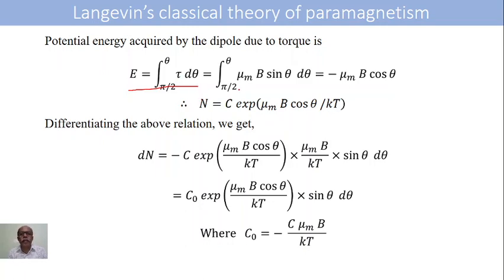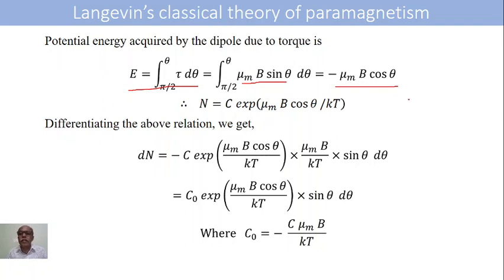Substituting for tau, tau is mu m B sin theta, d theta remains the same. On integrating and substituting the limits of integration, upper and lower, we get A equal to minus mu m B cos theta. Minus mu m B cos theta gives the potential energy acquired by the dipole.